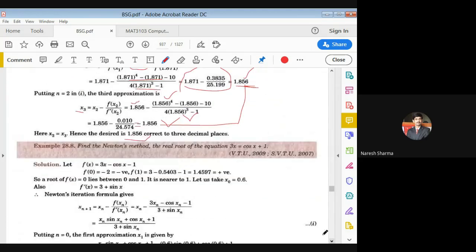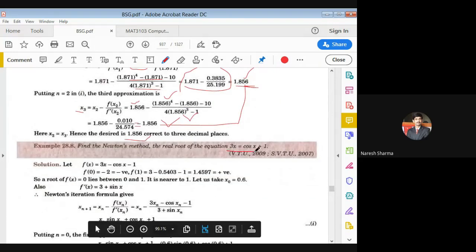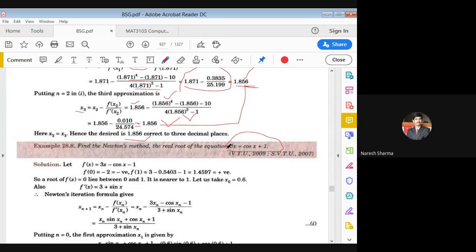So, one more example: 3x = cos x + 1. Keep in mind that in this example we have a trigonometric function.